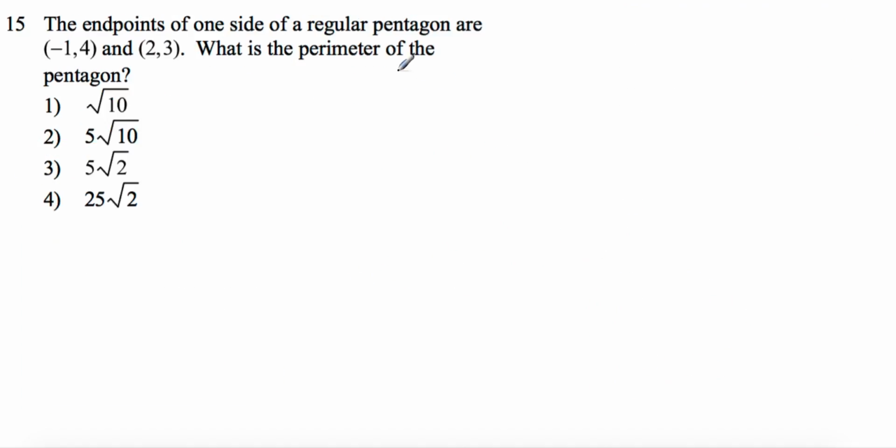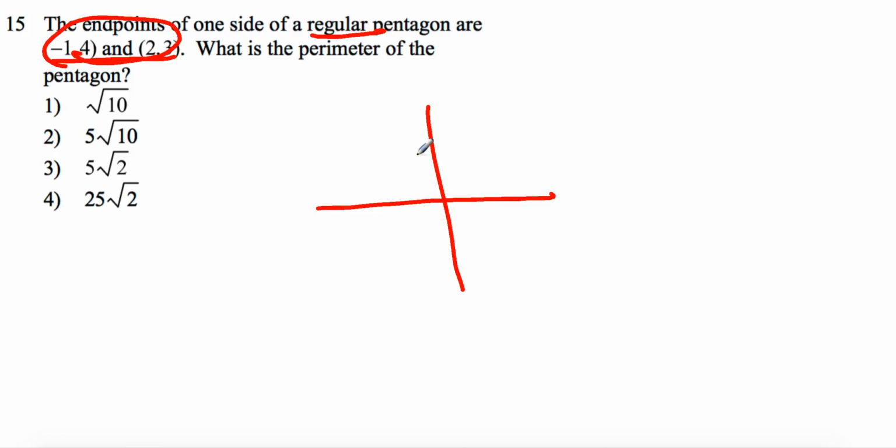Number 15. The endpoints of one side of the regular pentagon are given in this way. What is the perimeter? Since it's regular, whatever we get from here has to be multiplied by 5. So if I had to sketch it, -1, 4 would have been somewhere around here, and then 2, 3 is around here.